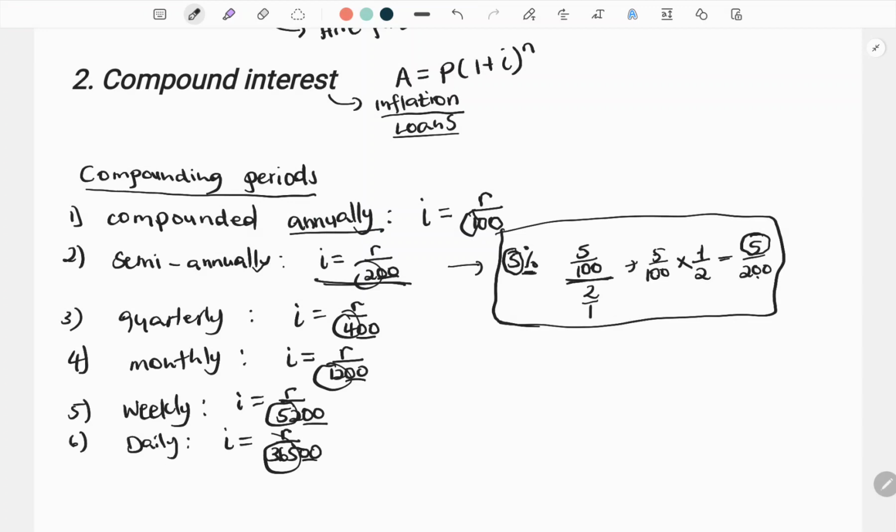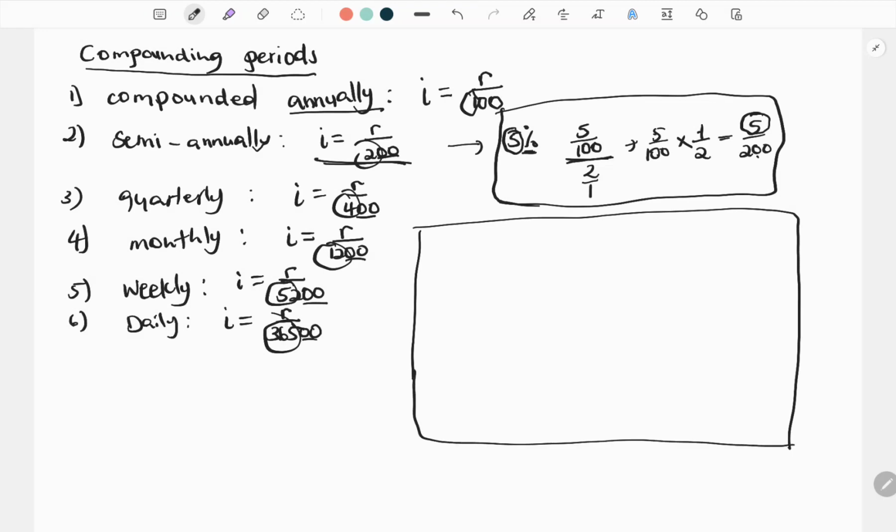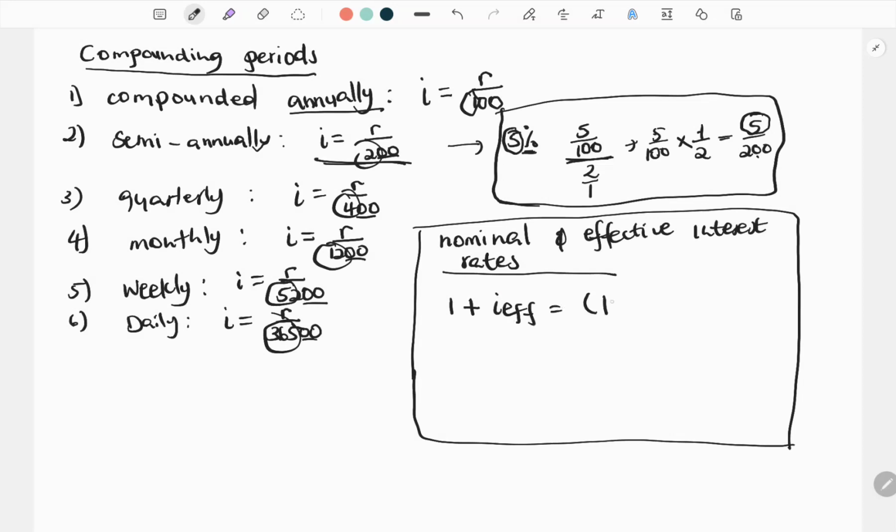Good. Now, we're also going to learn about a formula to convert between nominal and effective interest rates. The formula is 1 plus I effective equals 1 plus I nominal all over m, exponent of m.